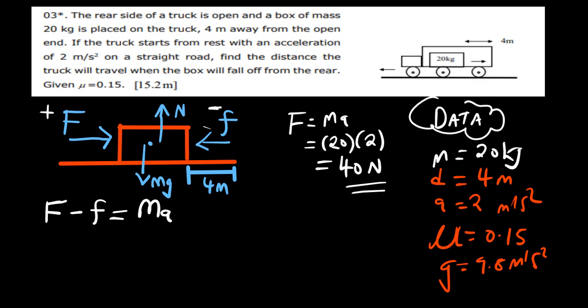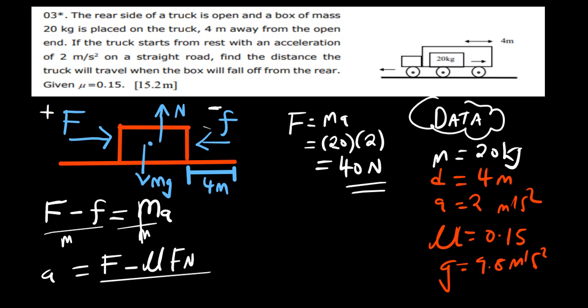I'm going to divide by mass on both sides. So acceleration is equal to the force minus the friction force, which is found by mu times Fn, divided by the mass.